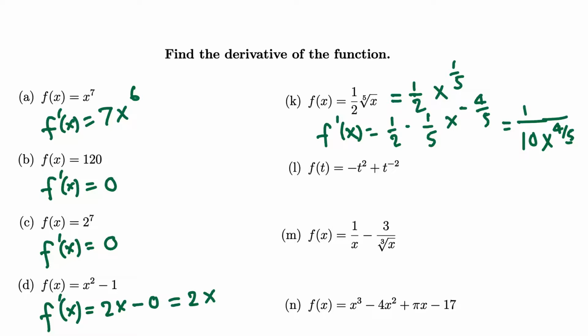Here we have f of t, like x, but now t, so its derivative, we got two terms, just use the power rule. Negative t squared is like negative x^n, and from the power rule, 2t, like x squared is 2x, so this is 2t, 2 minus 1 is 1, don't have to write.